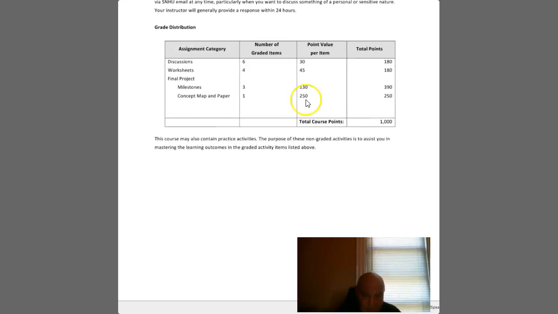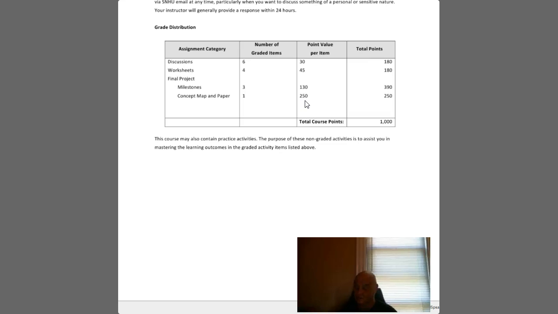Your grade distribution, you're going to have 6 discussions with 30 points each, 4 worksheets worth 45 points each, a final project. Now the final project is broken up into milestones and a concept map and paper.